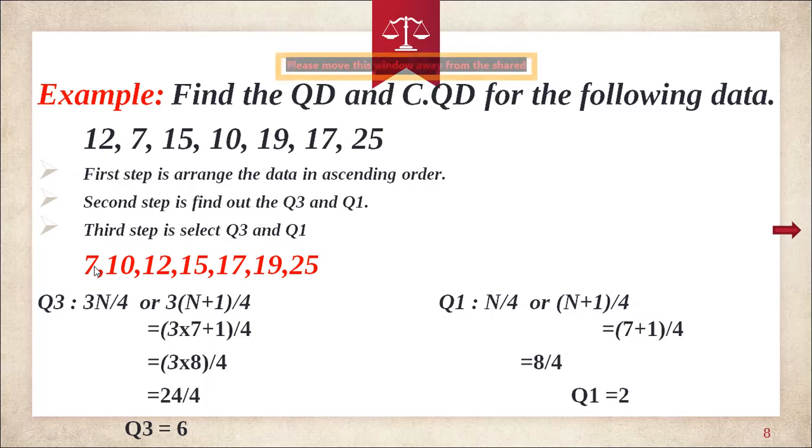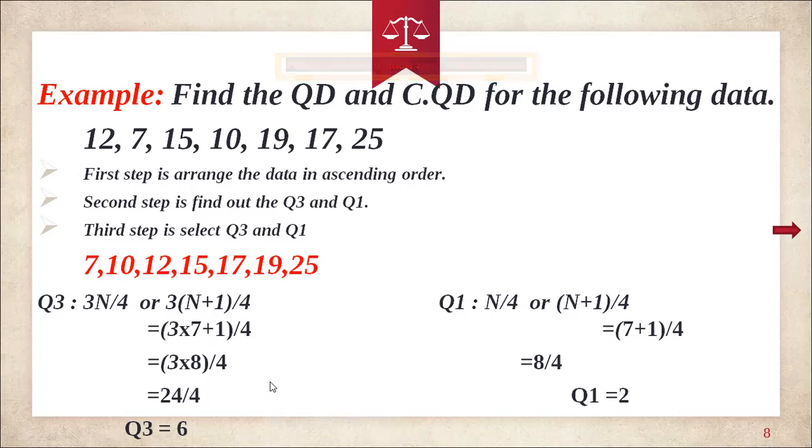How many observations are there? 1, 2, 3, 4, 5, 6, 7. So 7 plus 1 by 4. 7 plus 1 is 8. 8 by 4, when you cancel it, you get 2. Quarter 1 is 2, nothing but the second item, the second observation.